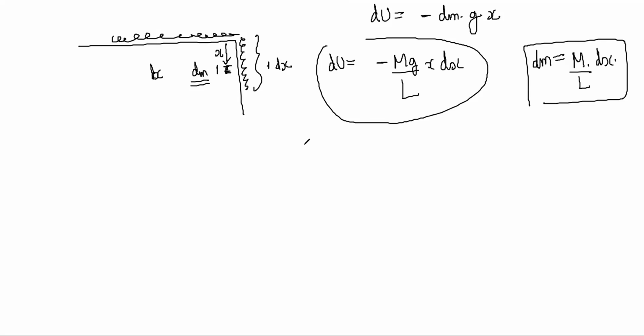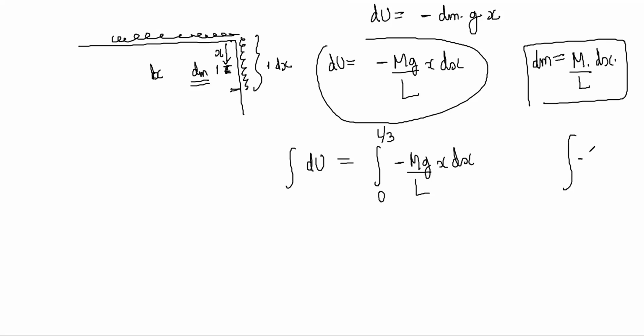So when you integrate dU to add up all the potential energies, you would integrate in such a way that it covers the entire hanging portion, right? So x will vary from 0 to L by 3 in this case. In the other case, the same integral will come, but x will vary from 0 to L, correct? In the final potential energy case, right?